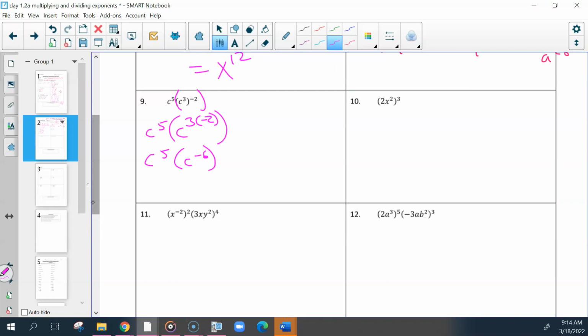Now we are multiplying like bases, so what are we doing with the exponents? Adding them. But in this case, subtracting, because it's negative. So we have c to the negative 1, which is 1 over c, or 1 over c to the first, either or.